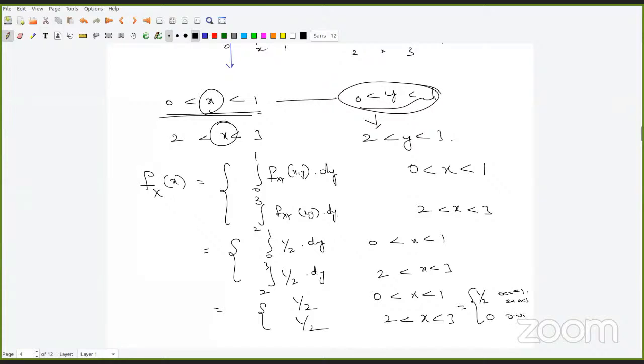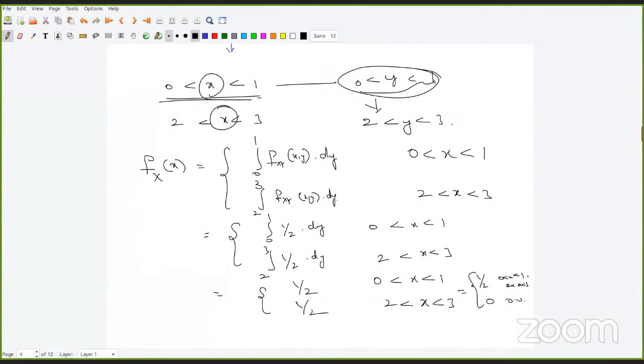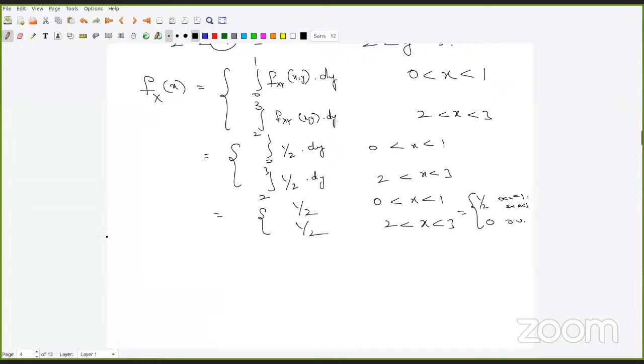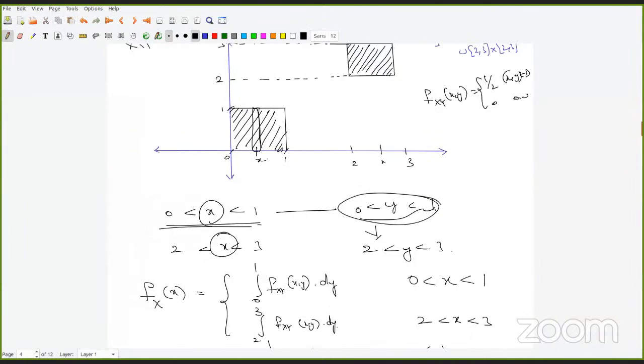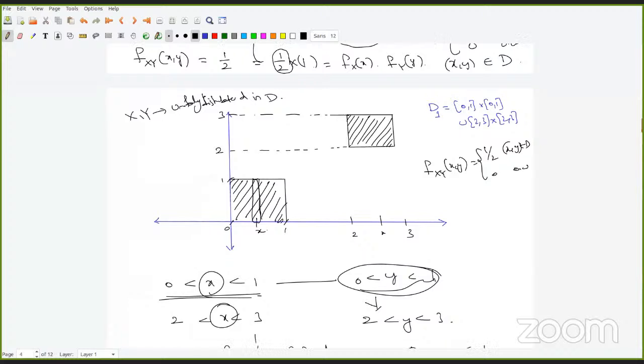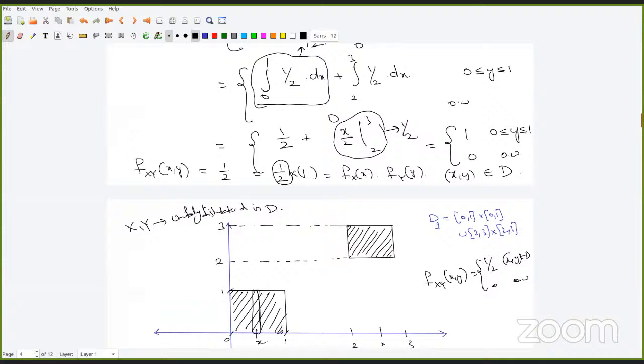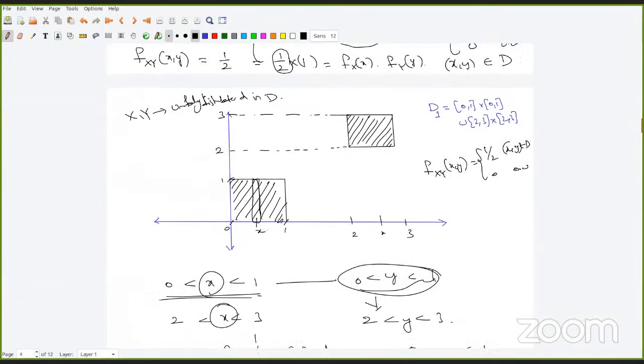So the marginal of x will be half when x is in between 0 to 1 or 2 to 3, and 0 otherwise. Now, what will be the marginal density of y? Same, sir, 1 by 2, for 0 to 1 and 2 to 3. Okay, let us see. Initially, in the above case, what marginal density did we get? 1. But here, let us see.